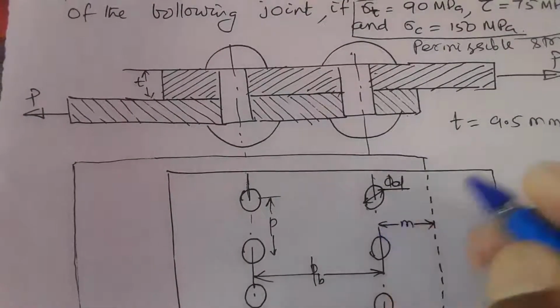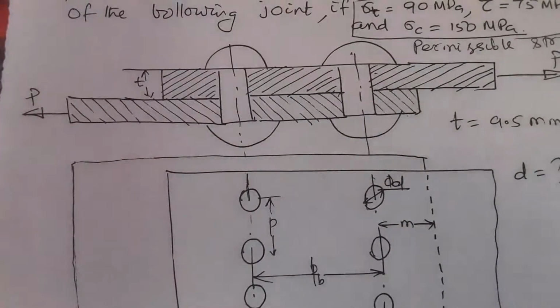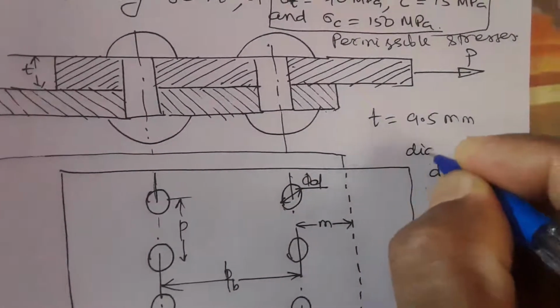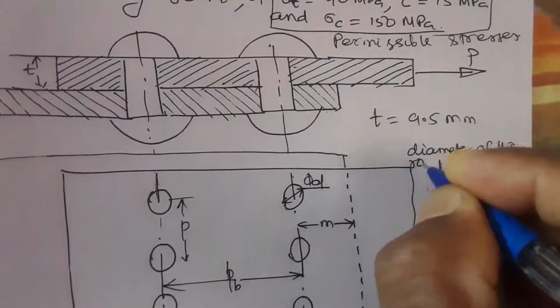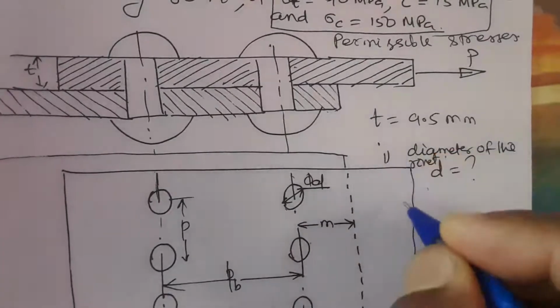The first thing required is the diameter of the rivet. What should be the diameter of the rivet? This is the first point to be known.